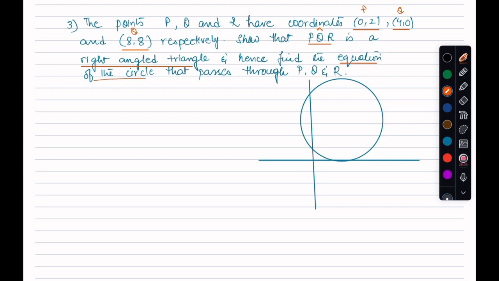For the equation of the circle, two things are necessary: one is the center point, and the other is the radius of the circle.